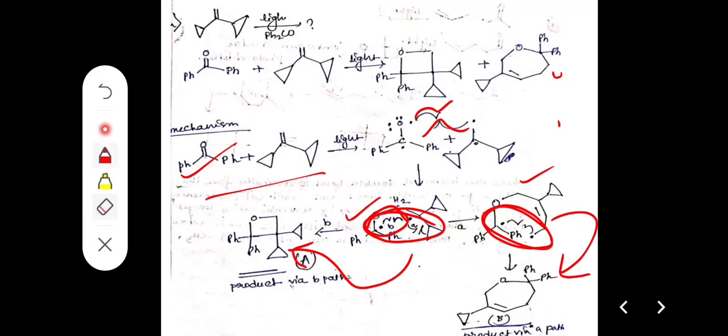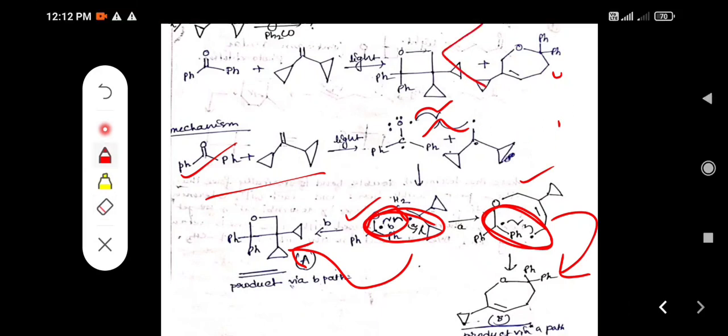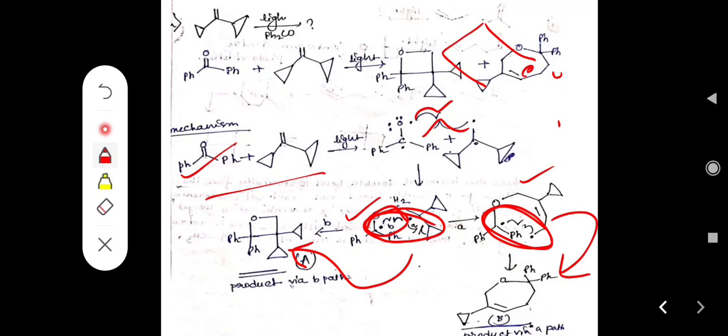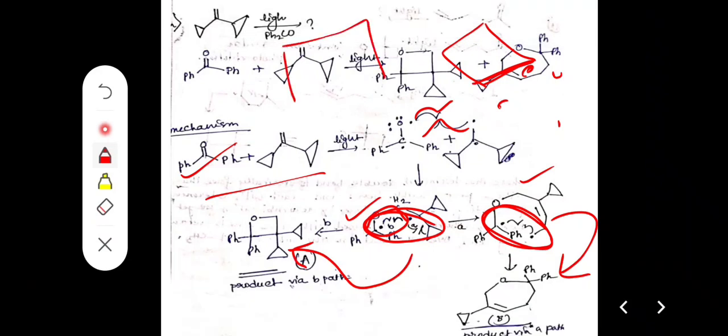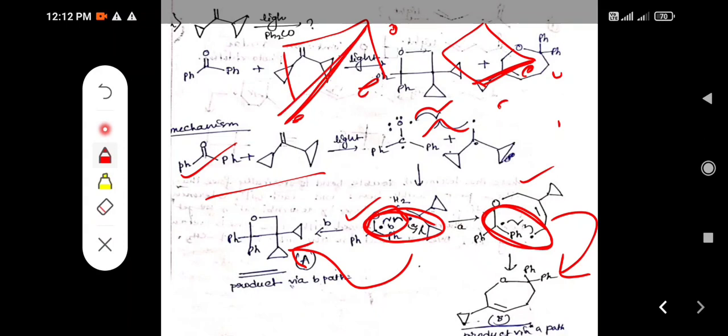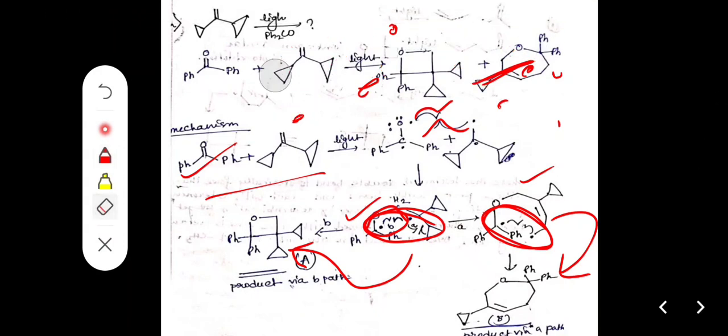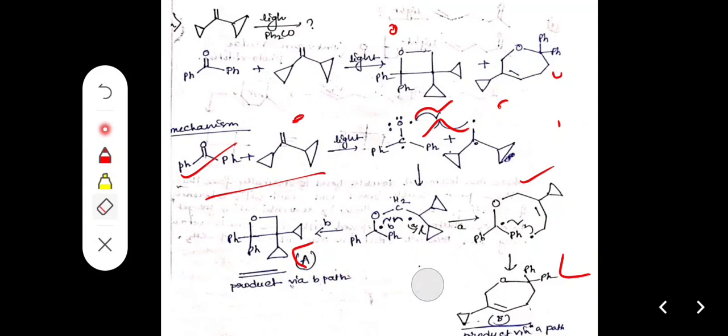Suppose there is a radical here and a radical there, they can combine this way, or if another radical is generated, they can also combine. By these two analogies we can say there are many possibilities of recombination of radicals, because more than two radicals are produced.